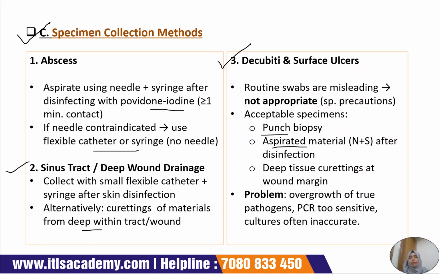But the problem here is the overgrowth of the true pathogen along with other microbes that rapidly grow. The next issue is that PCR is too sensitive, and culture is often inaccurate. That means culture often provides inaccuracy in results.